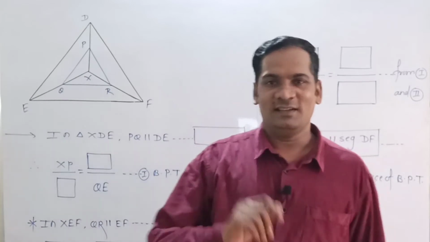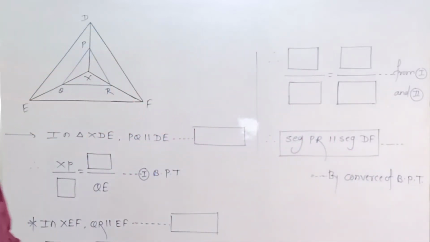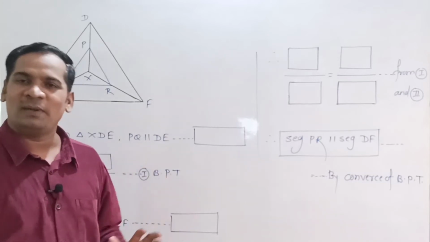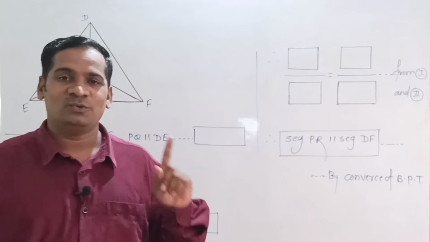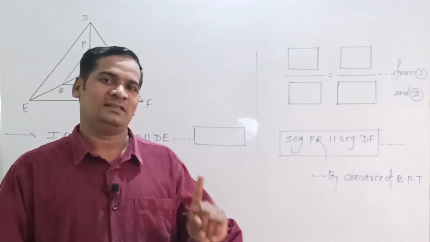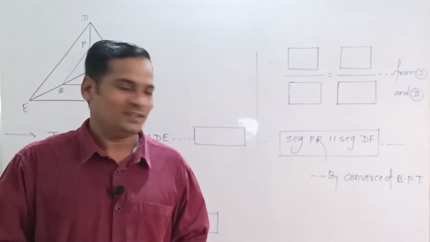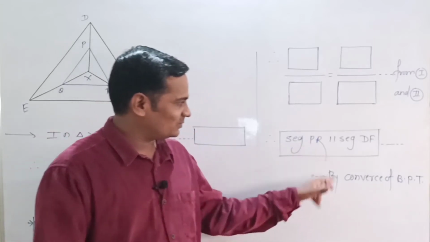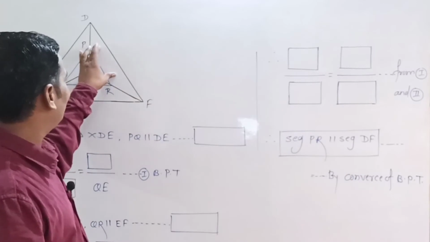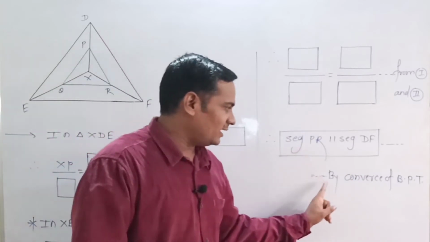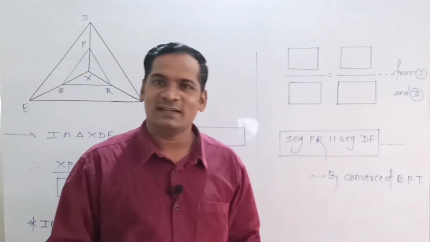If we want to prove that any line is parallel to a side of a triangle, then we have to use the converse of the basic proportionality theorem. So look at the last line of these two. Okay, PR parallel to DF, by the converse of the basic proportionality theorem.